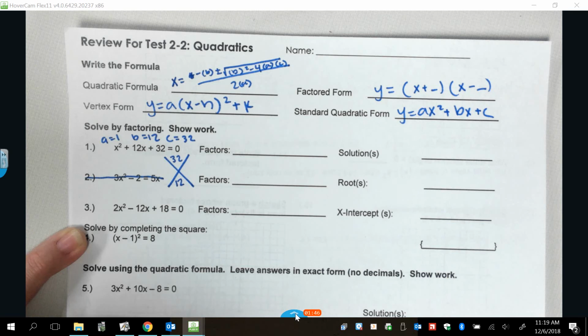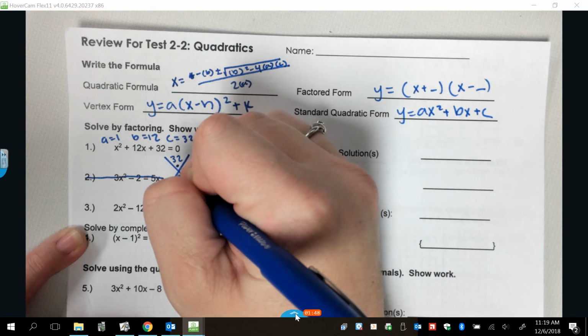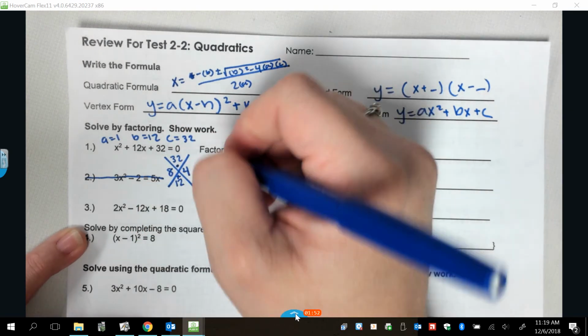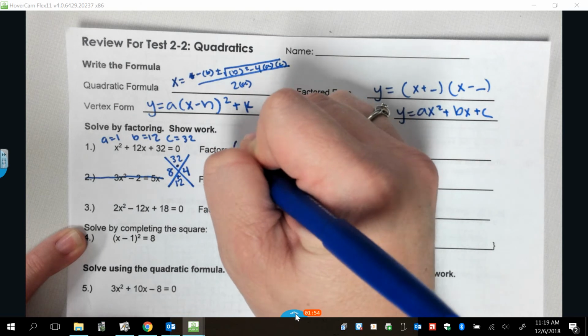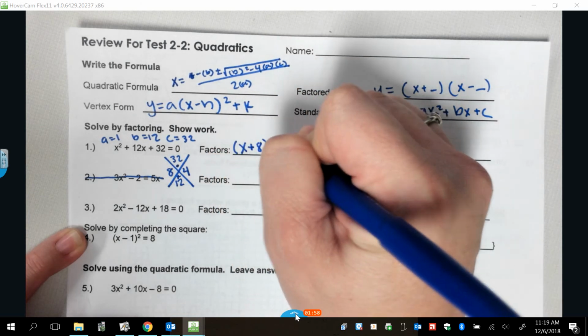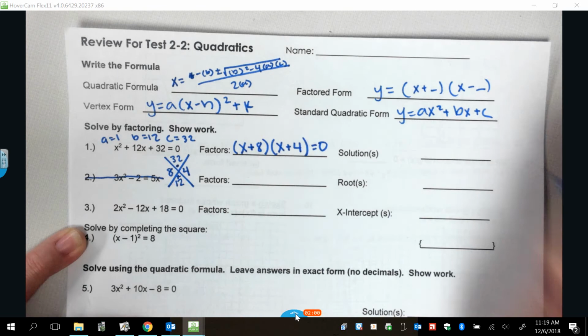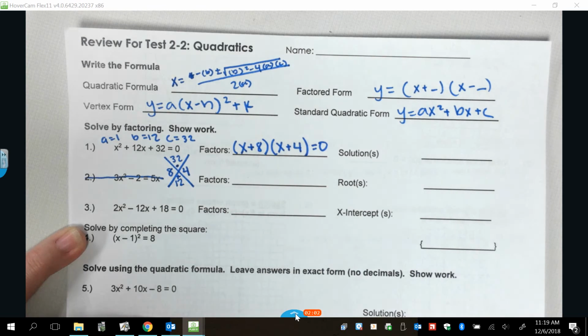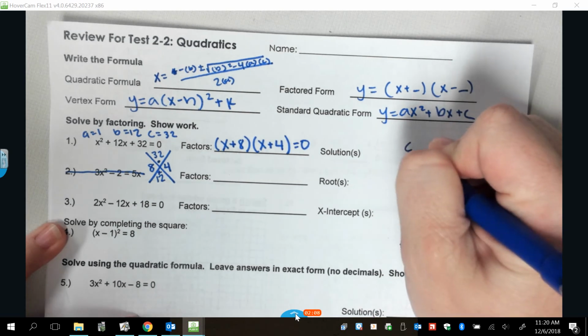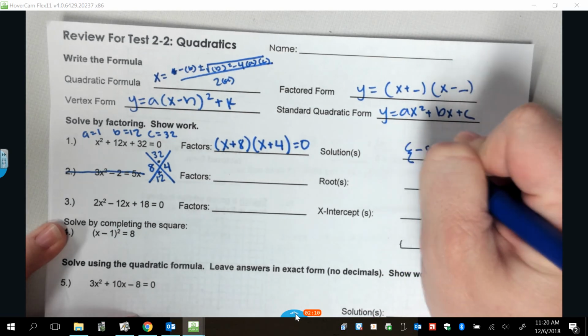What multiplies to give you 32 and adds to give you 12 would be 8 and 4. So my factored form would be x plus 8, x plus 4 equals 0. And guys, to find solutions by hand, you would just set these both equal to 0, which would give you the opposite. So that would give you negative 8 and negative 4.